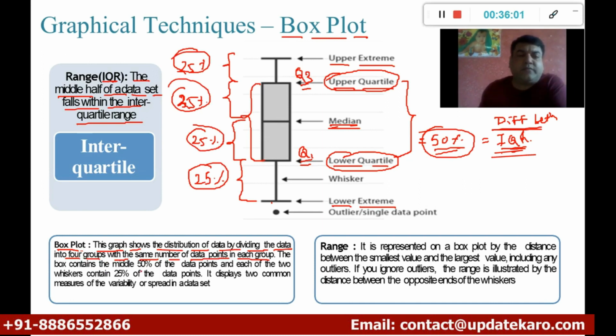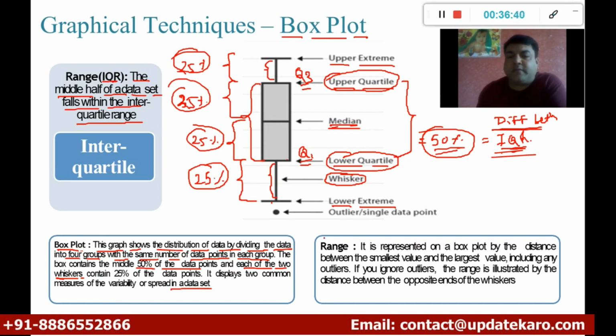The box contains the middle 50% of the data, and each of the 2 lines, called whiskers, also has some data points lying on it. The line connecting the lower extreme to the lower quartile is a whisker and contains 25%, and the other whisker also contains 25%. It displays 2 common measures of variability or spread in the data set. That is why the box plot becomes very important.